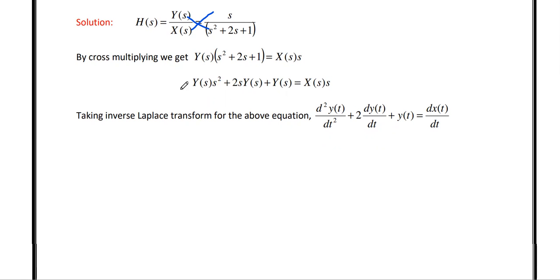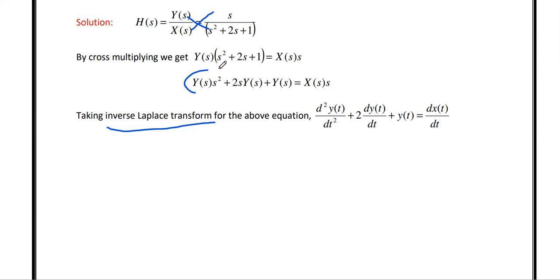This S domain, this Laplace domain equation, we have to convert into time domain. So what do we have to take? We have to take the inverse Laplace transform. In the previous problem, the equation was given, and from that equation H of s was obtained by taking the Laplace transform. Here, from the Laplace answer, if we want to derive the time domain, we have to take the inverse Laplace transform.